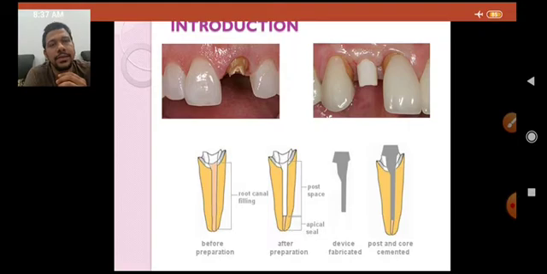So in this case, you are supposed to reinforce that particular tooth with a stronger material, and that is called post and core.